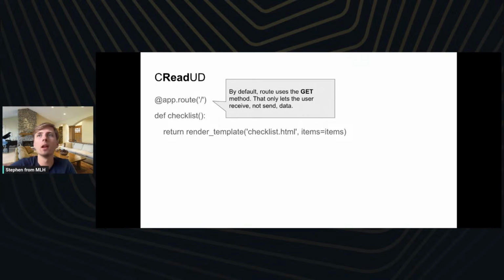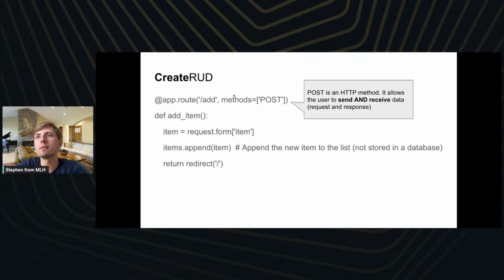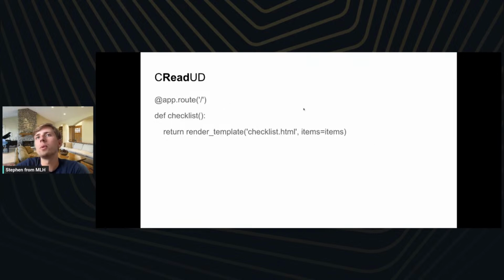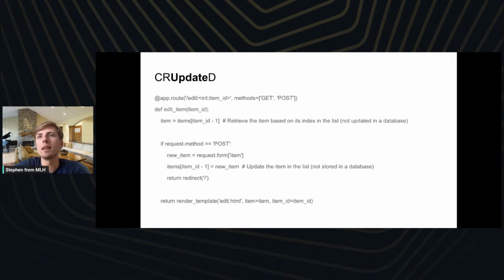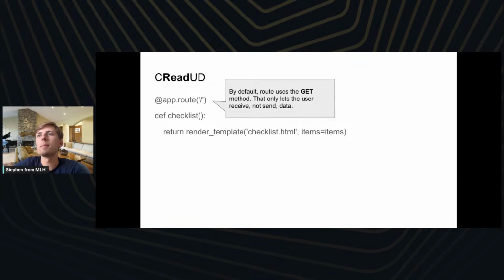I have a note here. By default, route uses the GET method. So you may have wondered, why did we specify a method for the create feature, but then when it was time to create the read feature, we did not specify a method? And again, that's because the GET method is what we use here. For GET, we're only letting the user receive data, not send it.